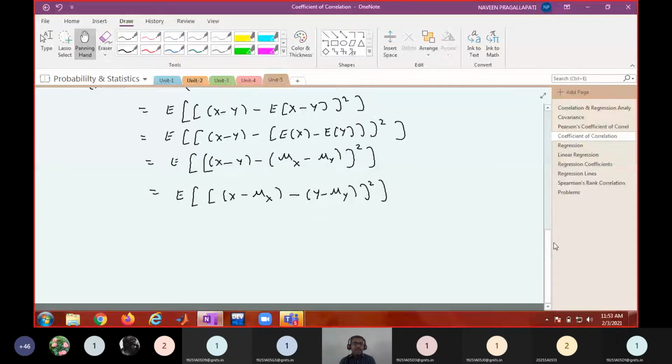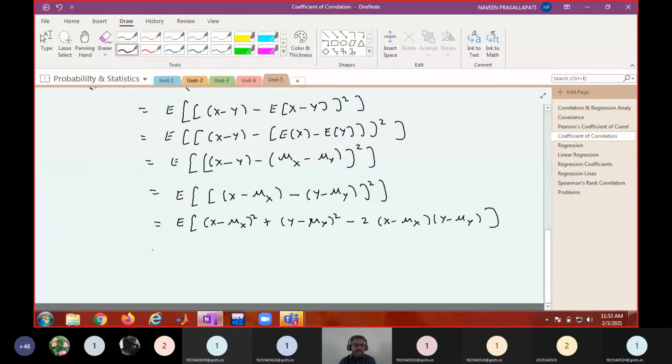And you apply the a minus b whole square formula. What is a minus b whole square formula? A square plus b square minus 2ab. That means expectation of x minus mu x whole square plus y minus mu y whole square minus 2 times x minus mu x into y minus mu y.